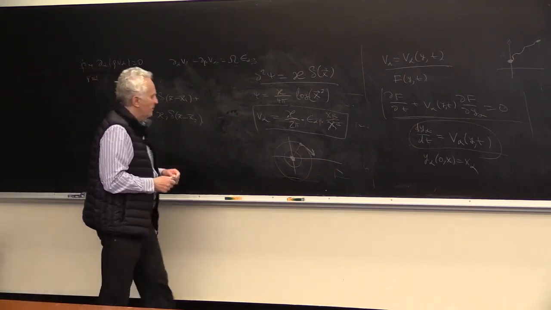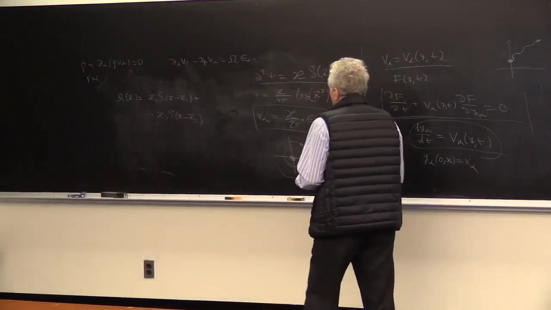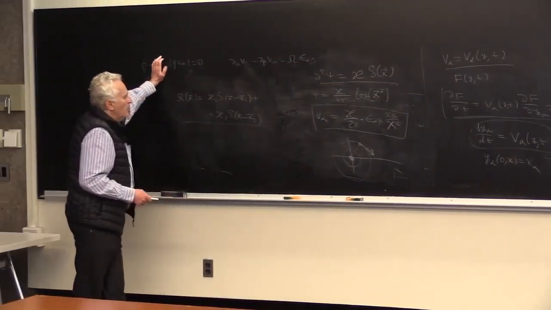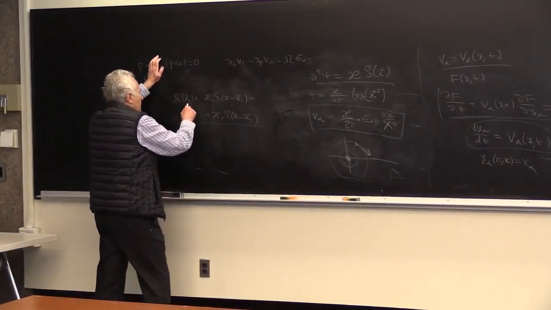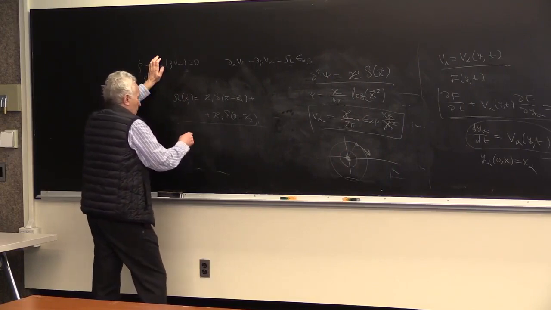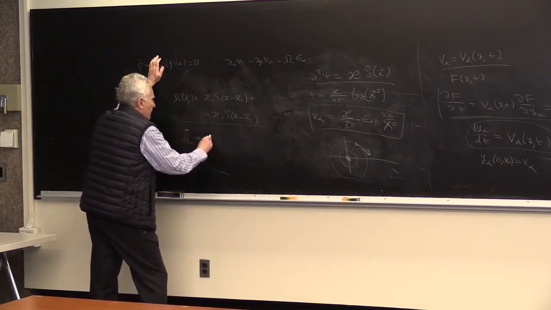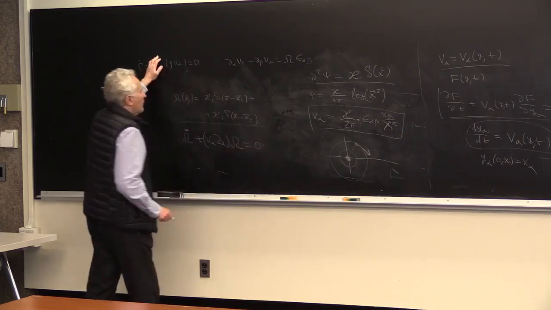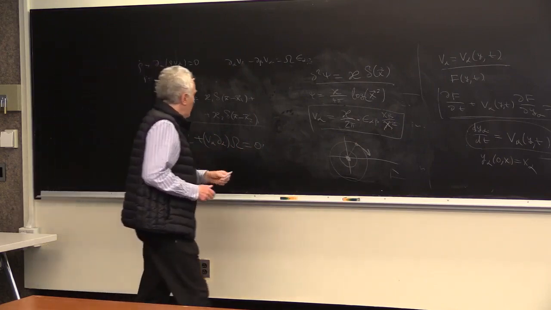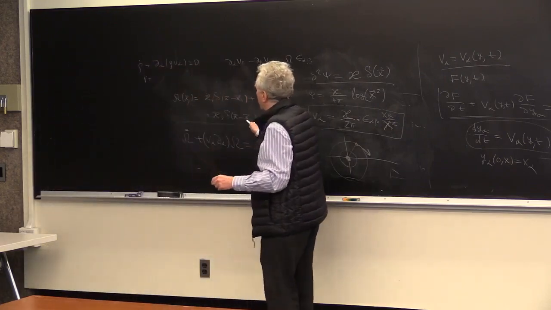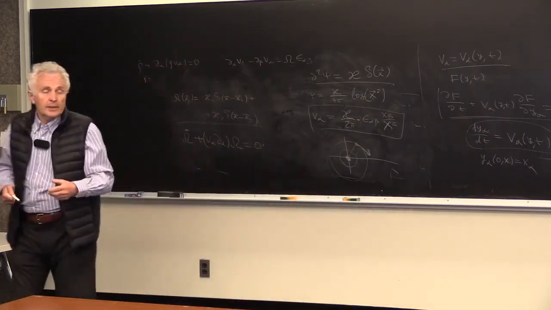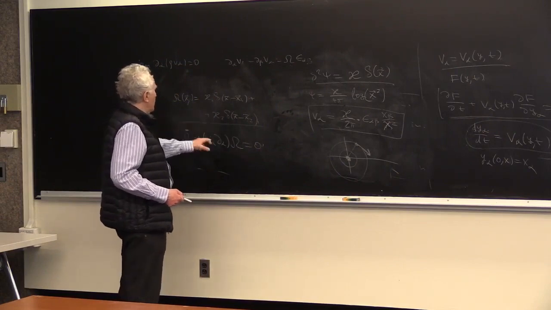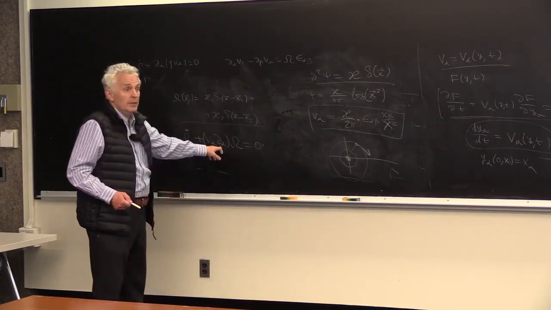The problem will be that in principle it should satisfy this equation. And this equation will not be satisfied if x1 and x2 are just constants, because in this case omega dot will be 0, while this product will not be 0.